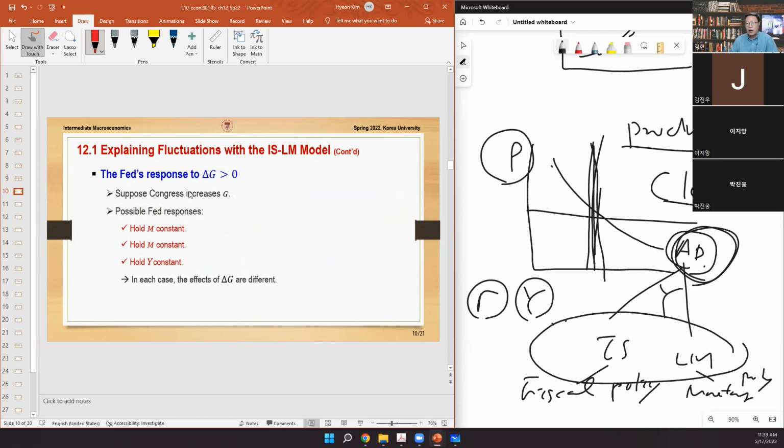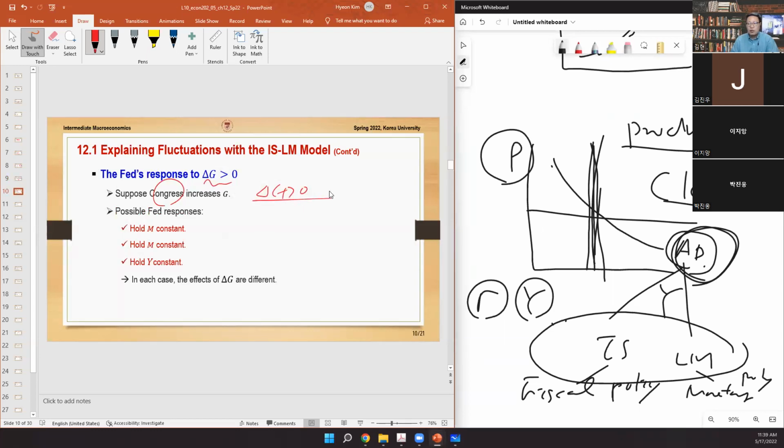For example, the initial starting point was the Fed's response to government purchases. That means Congress, the Parliament, enacts and announces that they will spend additional money to deal with, for example, COVID-19. That's why there is an increase in G.